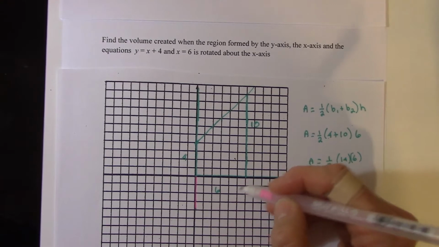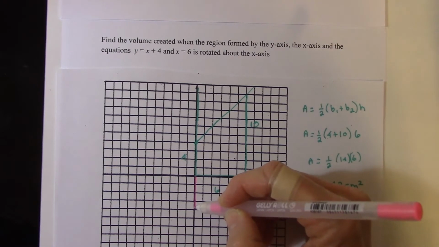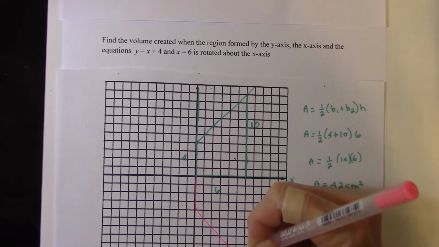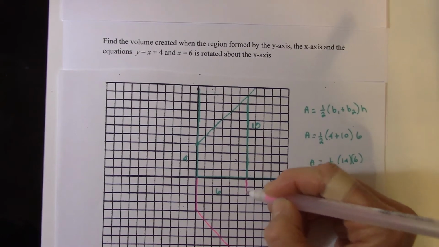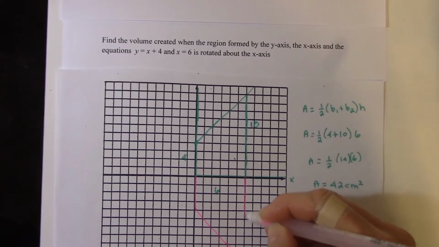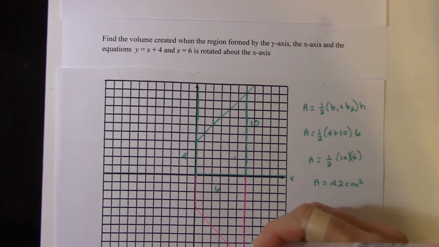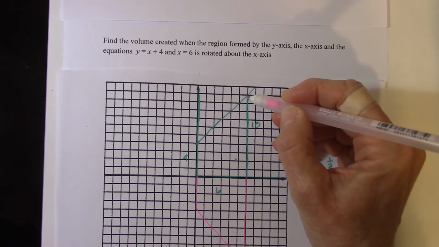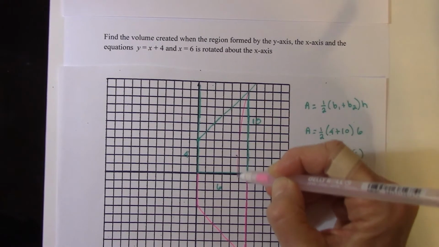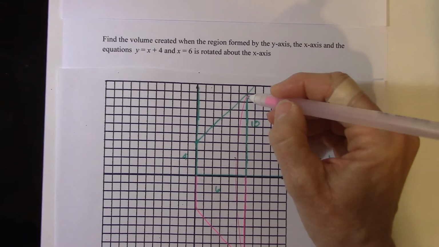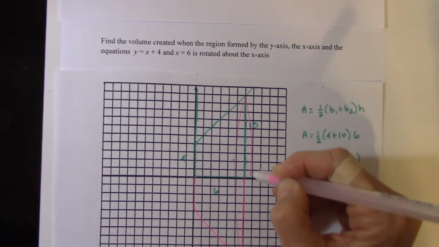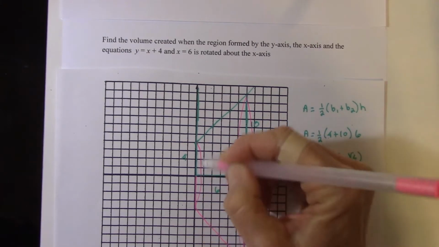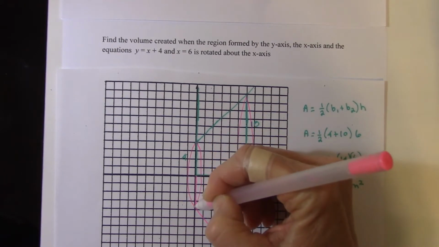So what's going to happen is we're going to get this shape that looks like the bottom part of a cone, like the top part's missing. It's called a truncated cone.